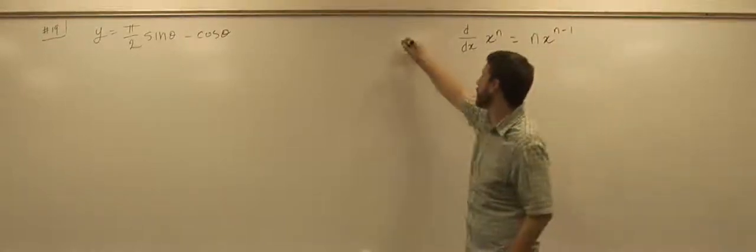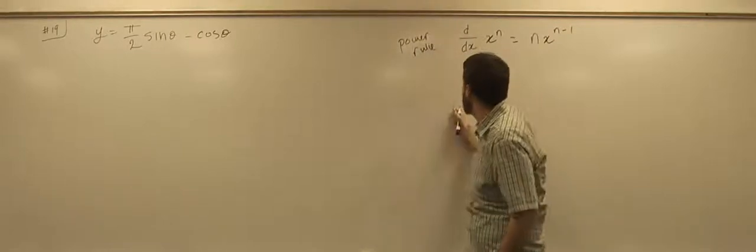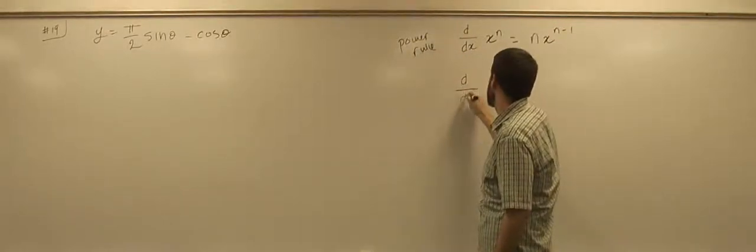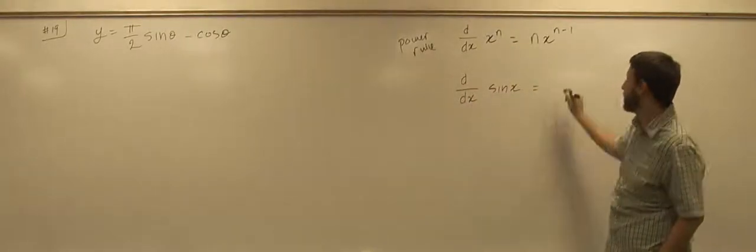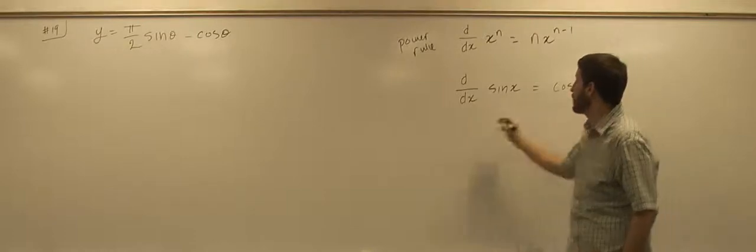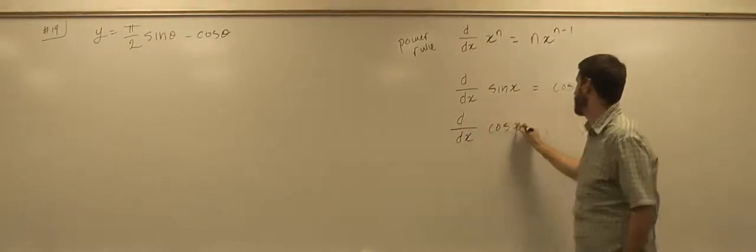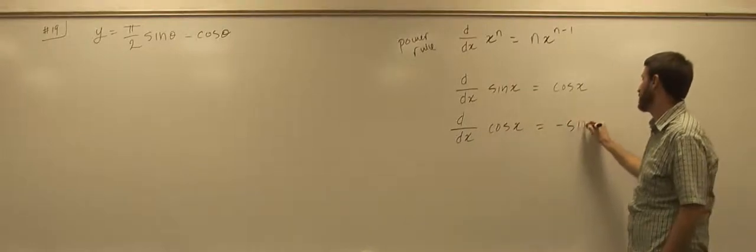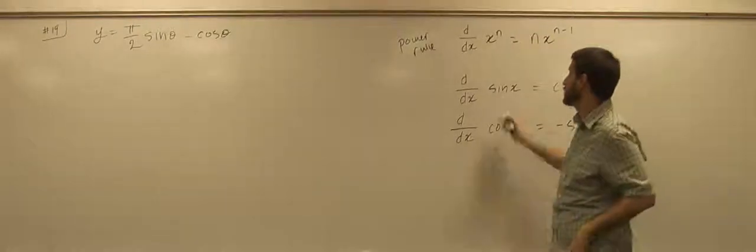This is called the power rule. That's one thing we did last time. Then we talked about the derivatives of sine and cosine. If you take the derivative of sine, what do you get? Regular cosine. However, if you take the derivative of cosine, you get negative sine. So these are your trig derivatives right now.